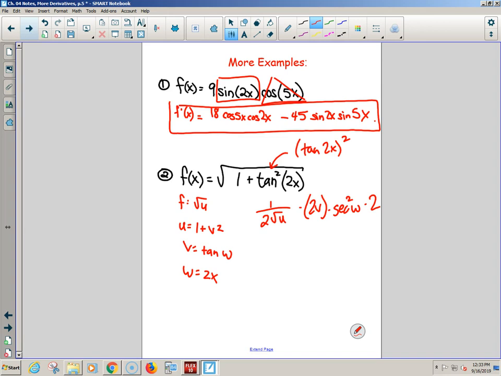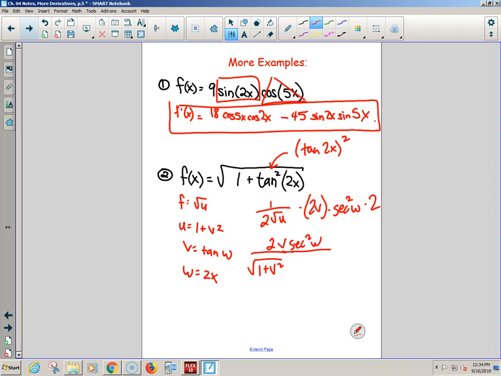Except what do you have to do? Plug and chug. So then you would start with your u. Well, actually, you could simplify some of these, right? That'd be 4, and then 4 over 2, which is going to be 2. So 2 over root u will be root v squared times, yeah, there's a v up here and a secant squared of w.